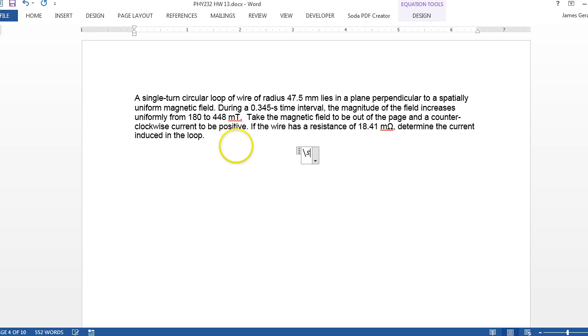So EMF is going to be minus N, and then dΦ/dt. Since the area of the loop is not changing, we can rewrite this as minus N times the area times dB/dt.